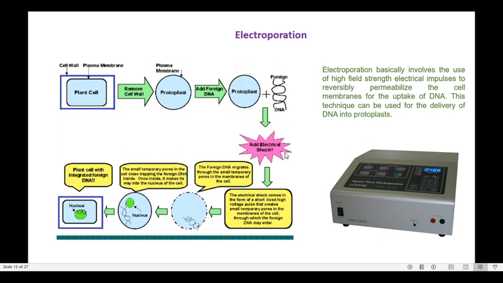When we give the electrical shock, small temporary pores are created in the membrane of the cells, through which the foreign DNA can enter and reach the nucleus, so that transgenic protoplasts and plants can be produced.